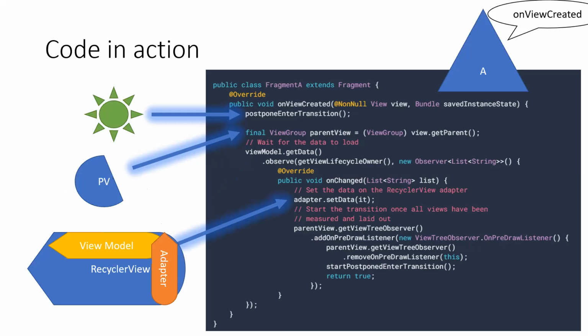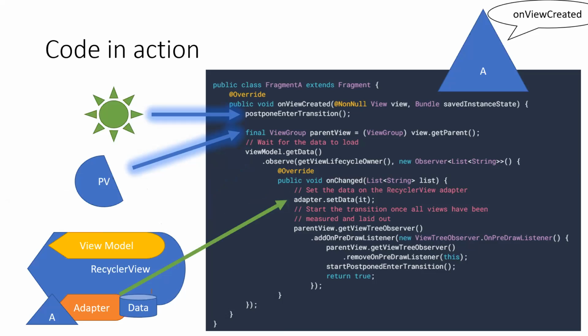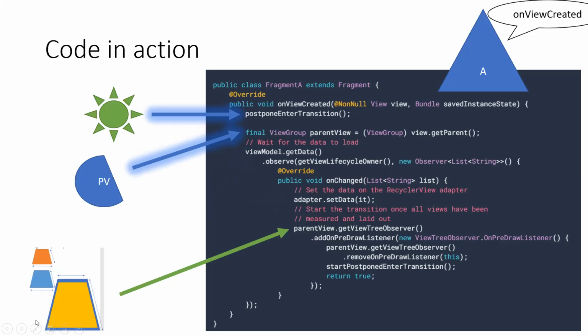I told you that there is an adapter which does the job of binding the data to the view holder. Once it is done, this adapter binds the data from some database to the fragment. This is what we have already seen.